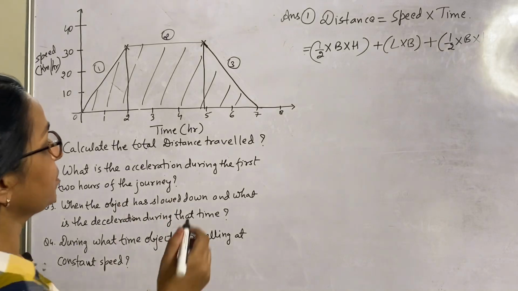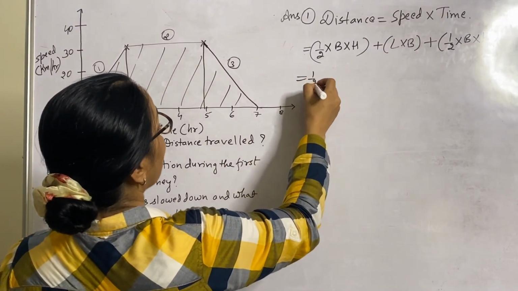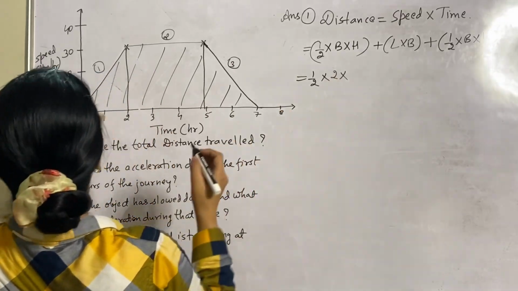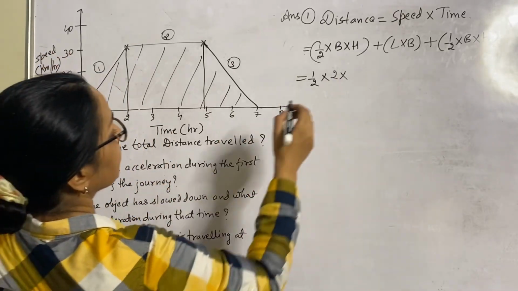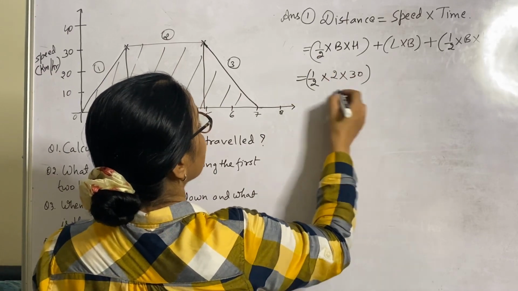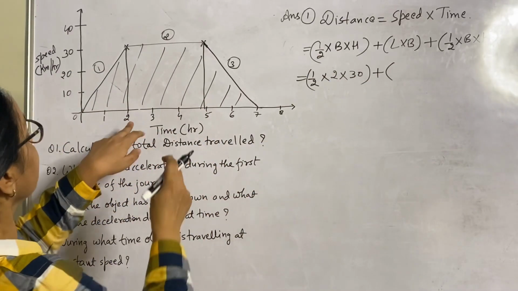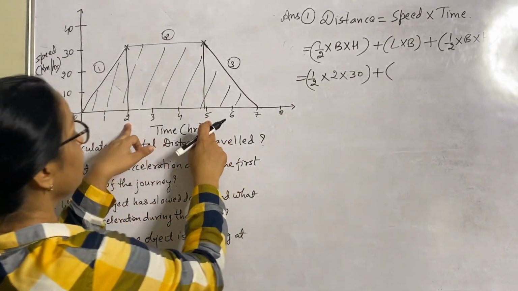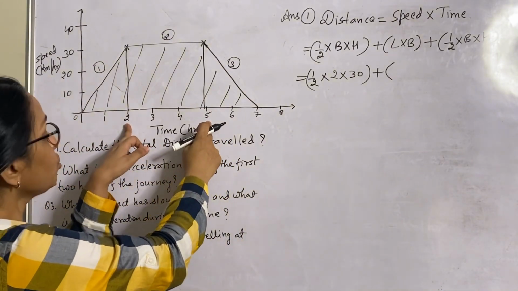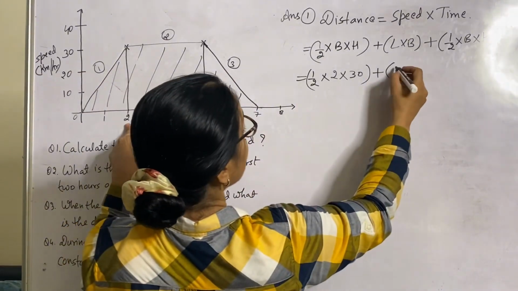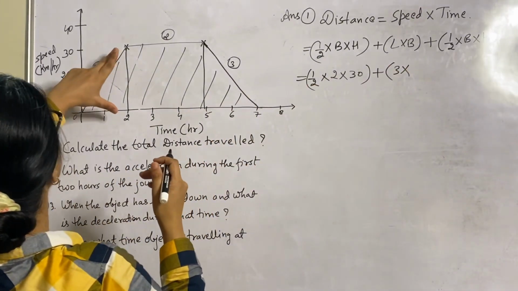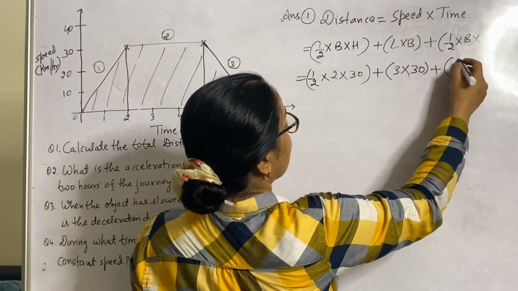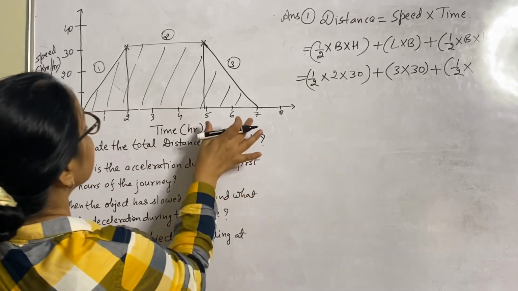Now let us see how much is the base and height. Half times our base, which is 2 hours. Height is how much? 30. Let us plug in. Then the length here, see 2 to 5, which means 5 minus 2, which is 3. So 3 times breadth, which is 30. Plus, the next part is this one.